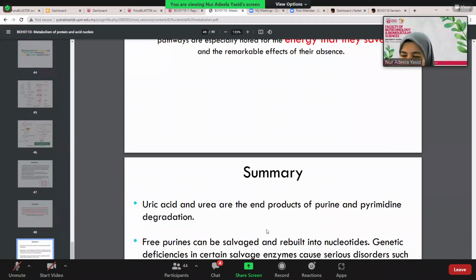Banyak sebab uric acid, so we can pinpoint. So I'll give you an activity to summarize on the regulation of purine and pyrimidine biosynthesis dekat LMS. Boleh?